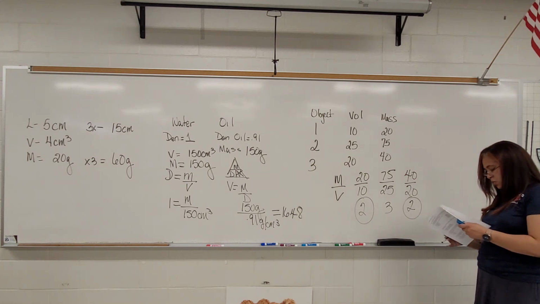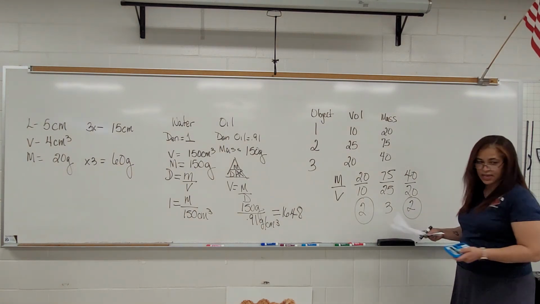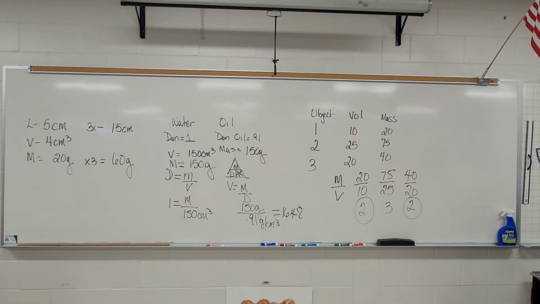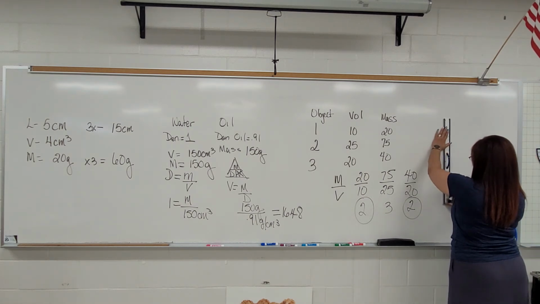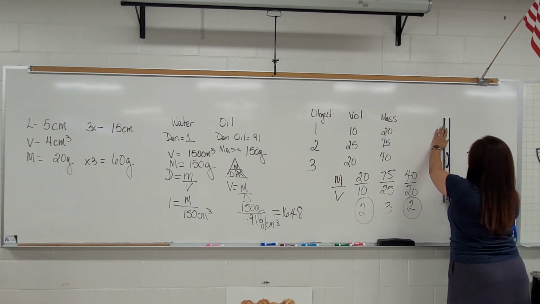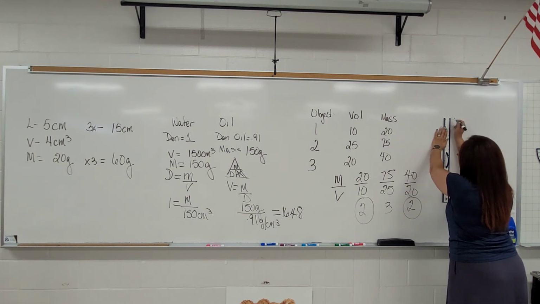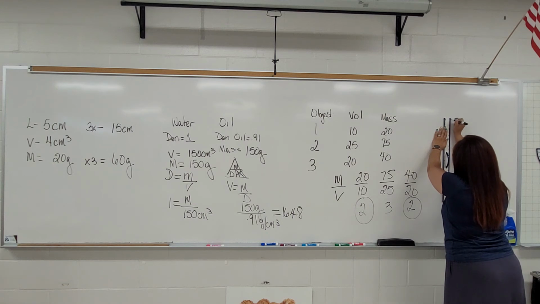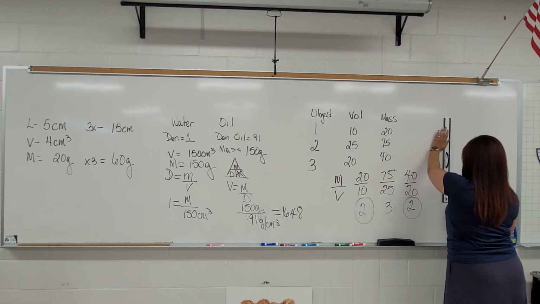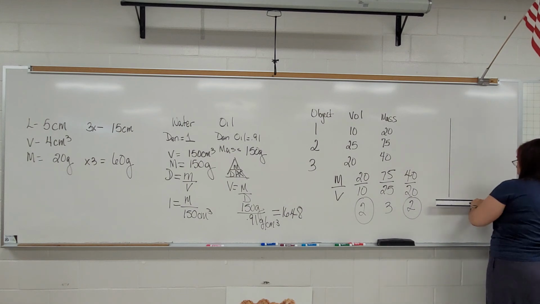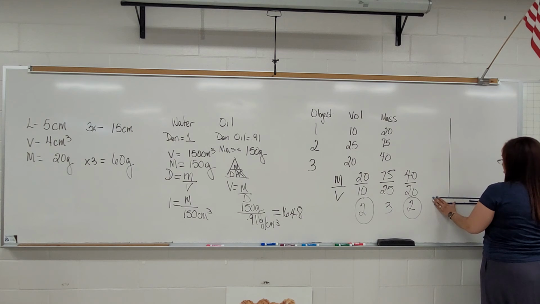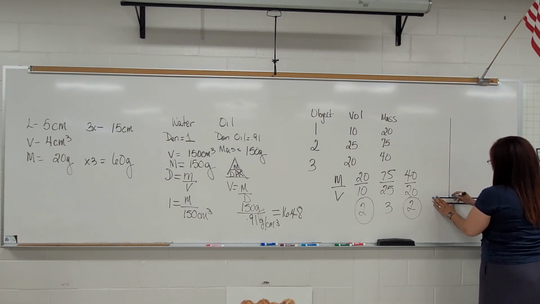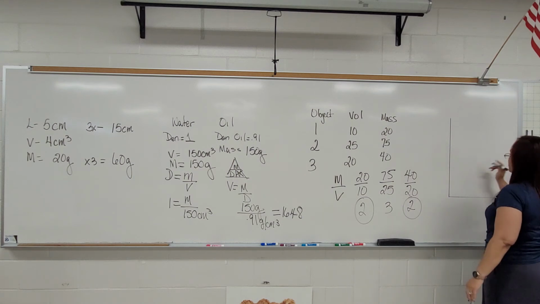The last question that we're looking at is a graph, determining the relationship between density and volume. The one thing we do know is density is a characteristic property of a substance.